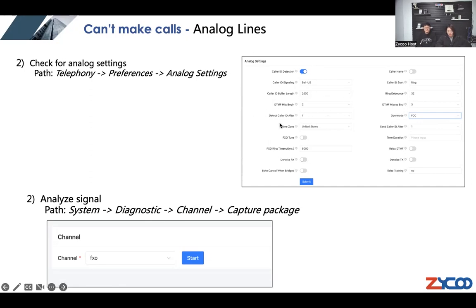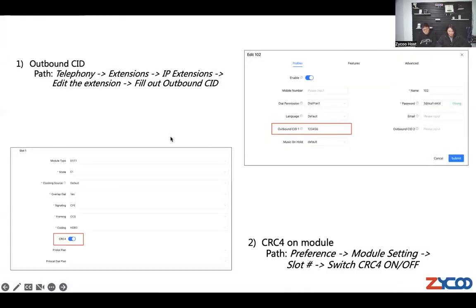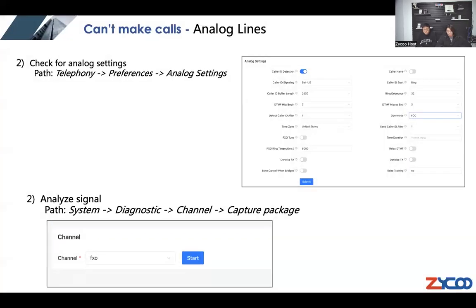So it depends on the countries and the analog lines and the signal settings that they are using in that country. But more than likely, when it comes to analog line problems, most of our partners and clients would need technical support, and our technical engineer will ask you to capture the analog lines package for us to analyze the signals within the lines.